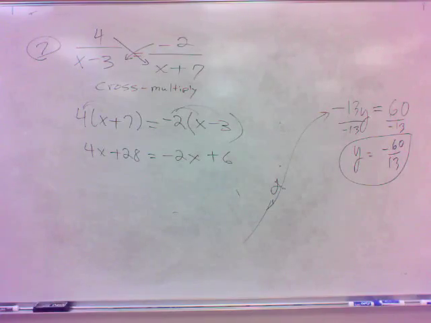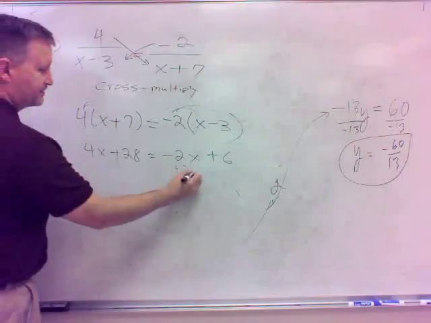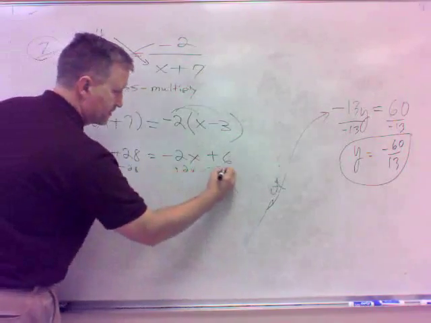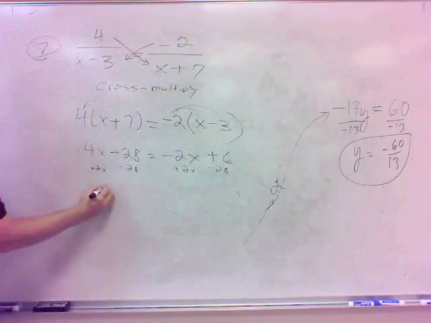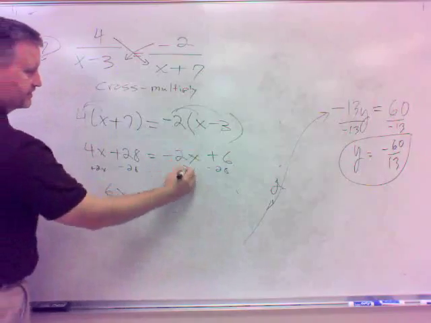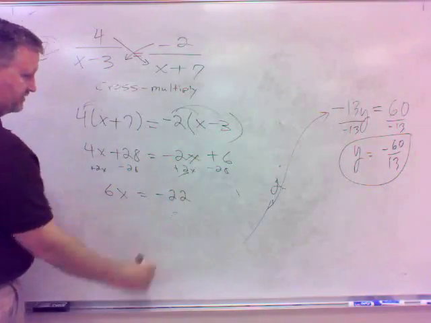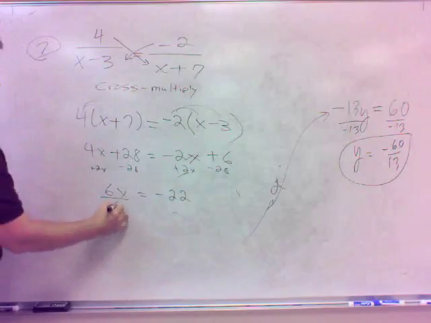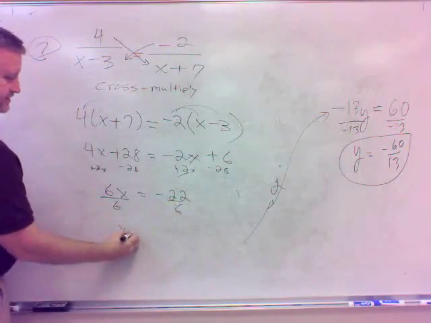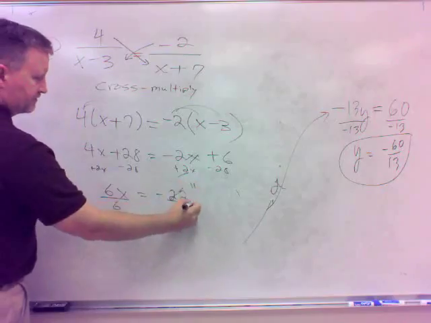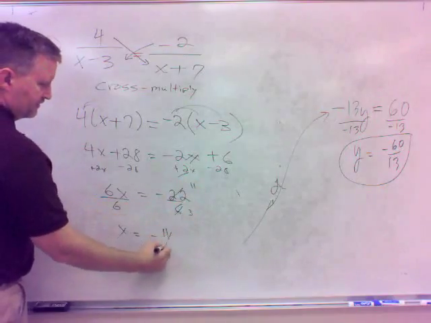All right, now just add the 2x to both sides. Subtract the 28, also both sides. That'll be 6x equals negative 22, I believe. Divide by 6, and we'll have x equals, that reduces by 2, so that'll be negative 11 thirds.